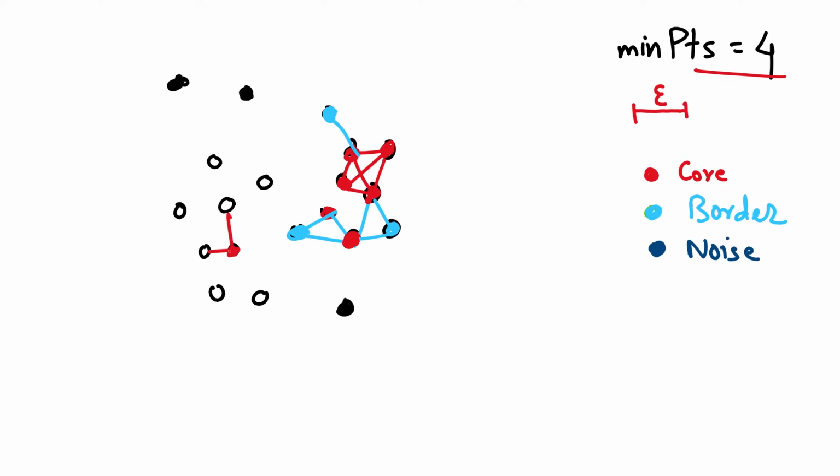It's connected to this, and this, and this one is also a core point. Now this is a border point. It's connected to a core point. Similarly, this and this. And the others are noise.